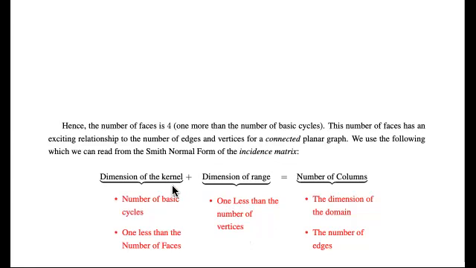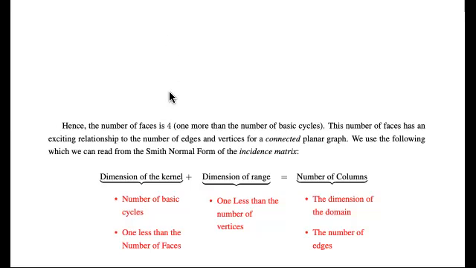The dimension of the kernel, this is interesting, is the number of basic cycles. So the cycles are what, in the incidence matrix actually, create columns of zeros when we go to the Smith normal form, because each cycle is kind of like a relation that you can use to make a column 0.